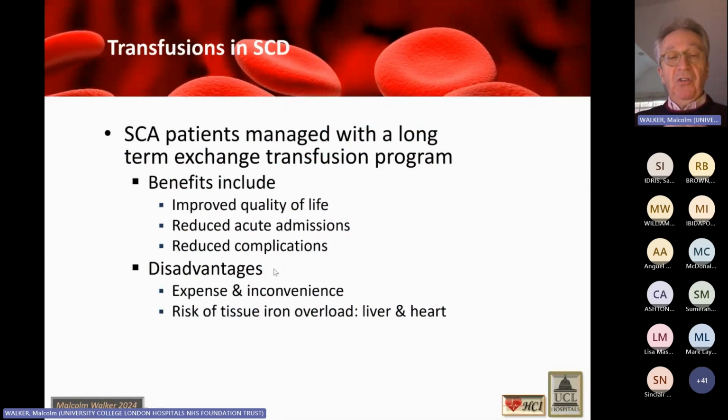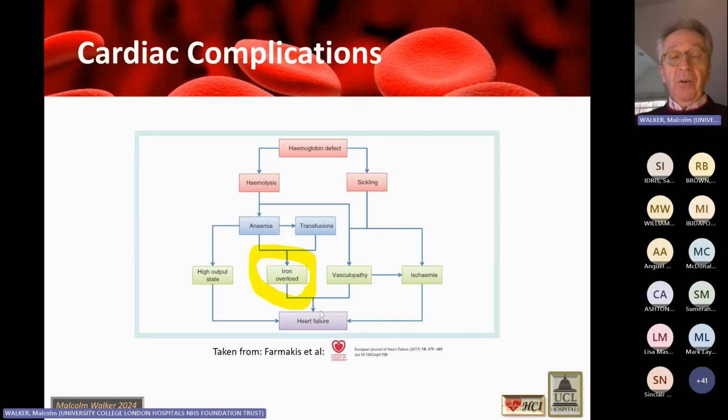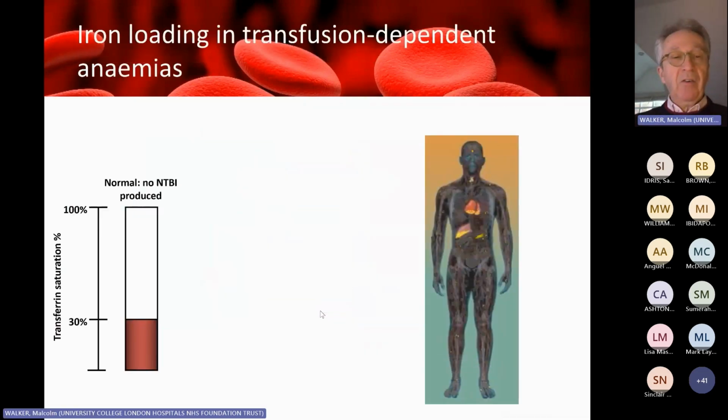There are disadvantages, you know, the commitment and no little inconvenience to them, particularly if they're working or have young families. And as you transfuse, you do run the theoretical risk of overloading tissues with iron. So I'm going to briefly mention iron overload within sickle, because it's something that will come up in a moment. I'm going to show you a few clinical examples later, case histories, where this was an important factor.